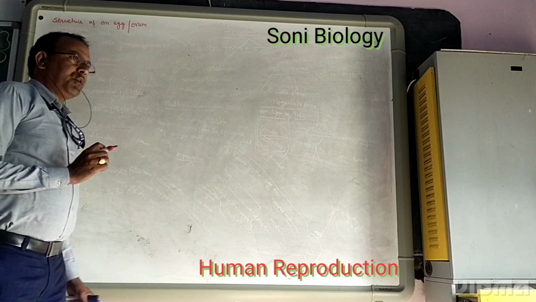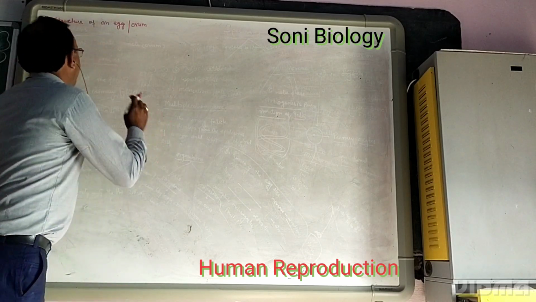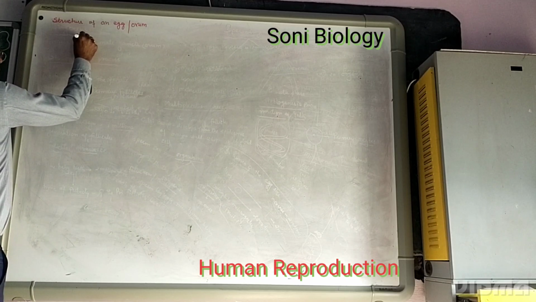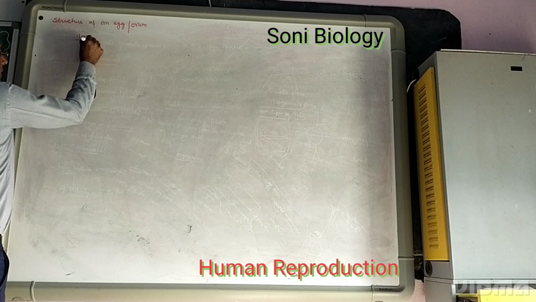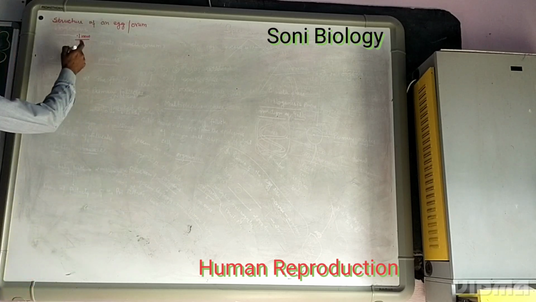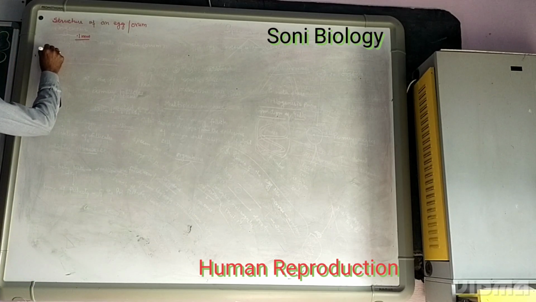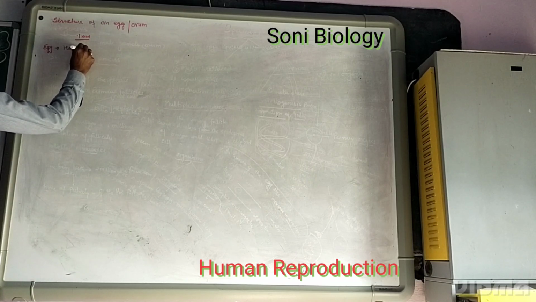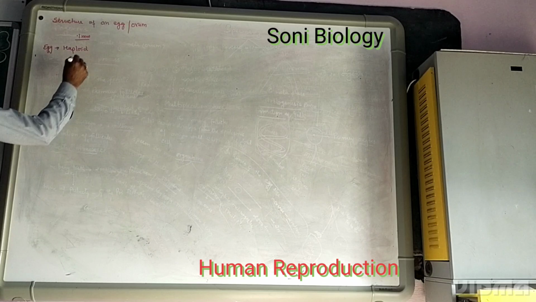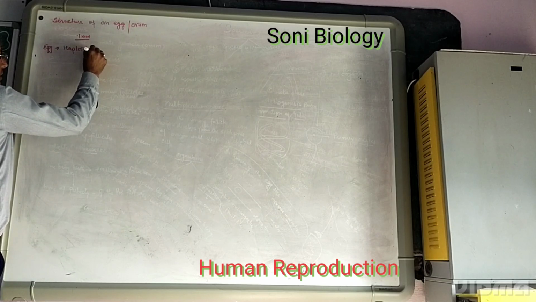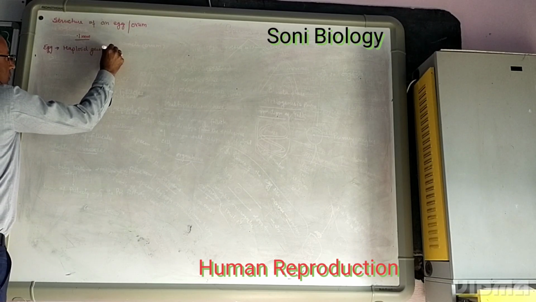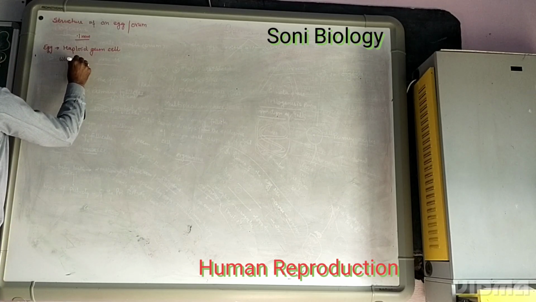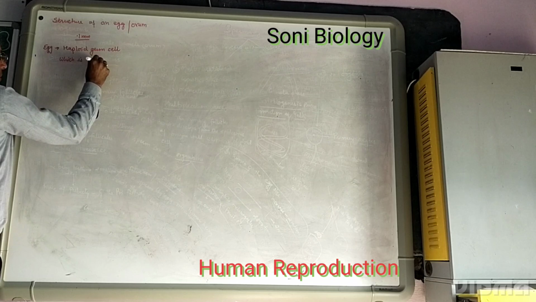The size of the human female egg is very small, nearly 0.1 millimeter. An egg is a haploid germ cell, it means one set of chromosomes, which is round in shape.